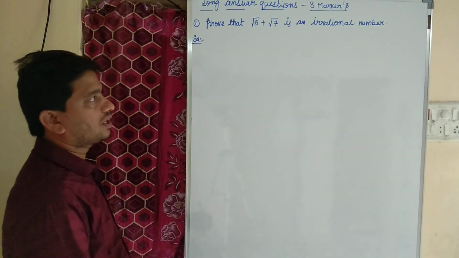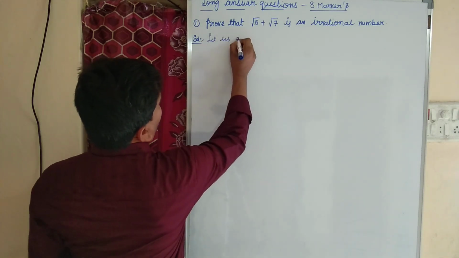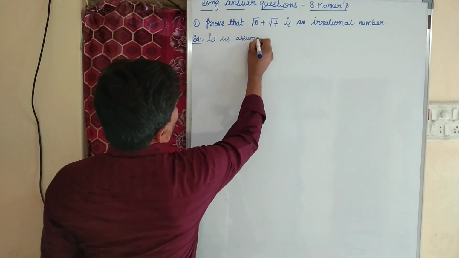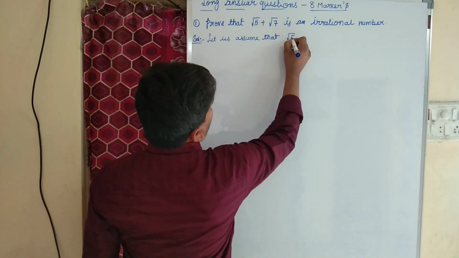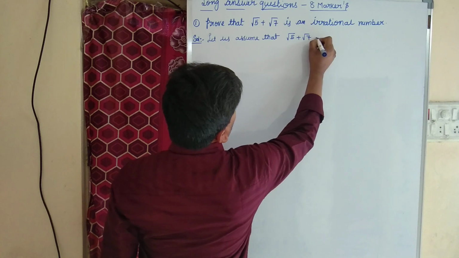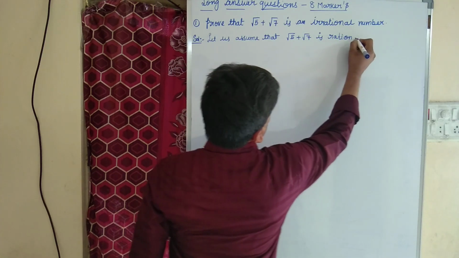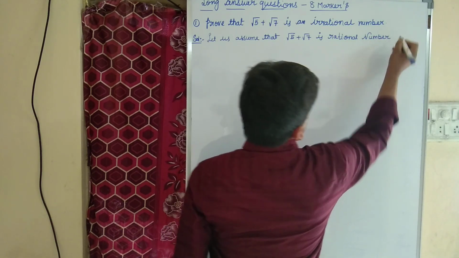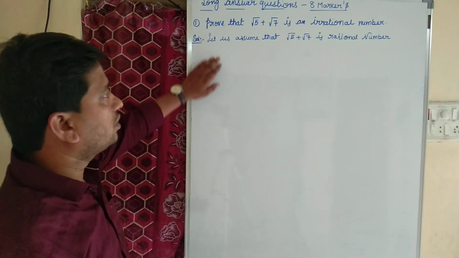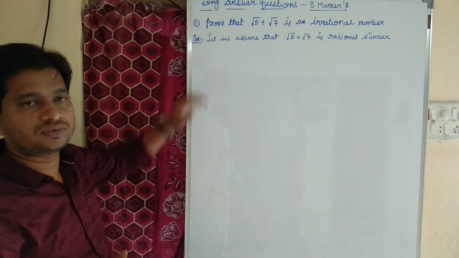So first of all, let us assume that root 5 plus root 7 is a rational number. Children, we need to assume that root 5 plus root 7 is a rational number, right?